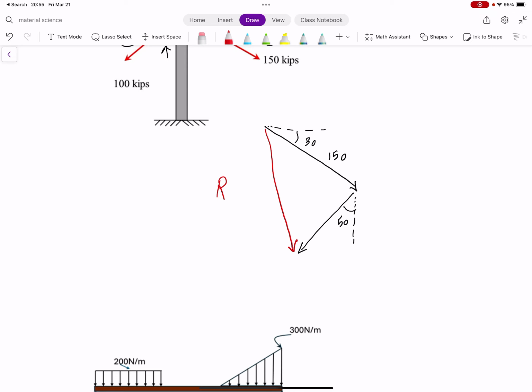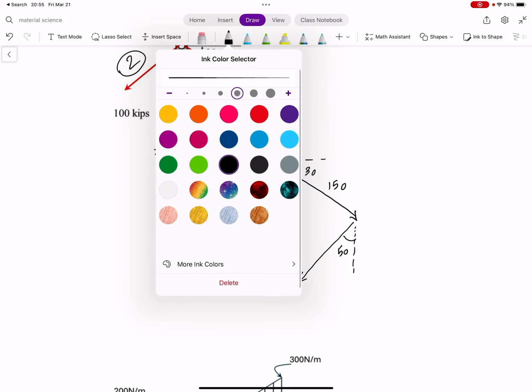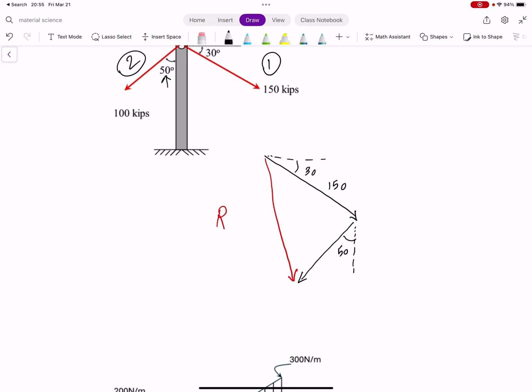Here we know that the first vector has 30 degrees with the horizontal. So if we draw a horizontal line and then draw a vertical line, this is going to be 90 degrees, right?